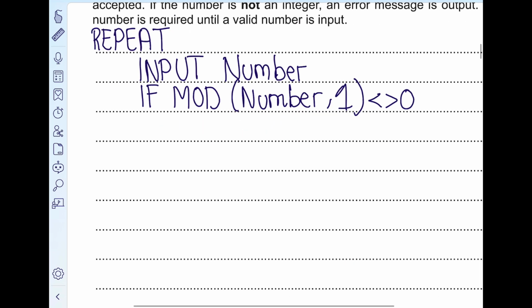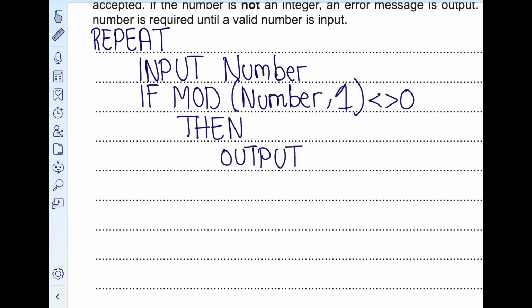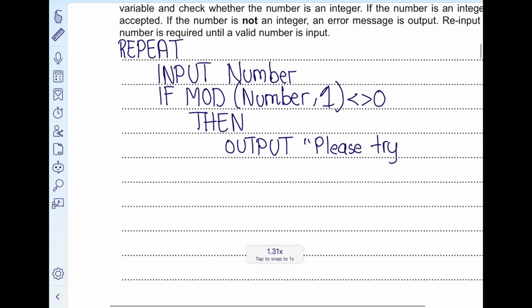So if the modulus does not give us 0, then we output, because we have to tell the user that they have made an error, output "Please try again". And there's no else condition, so we're just going to write end of if.